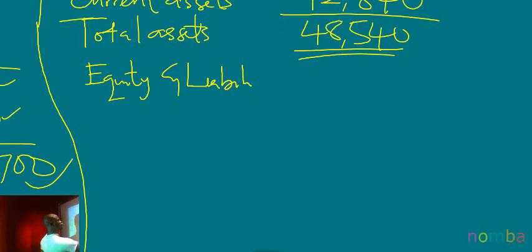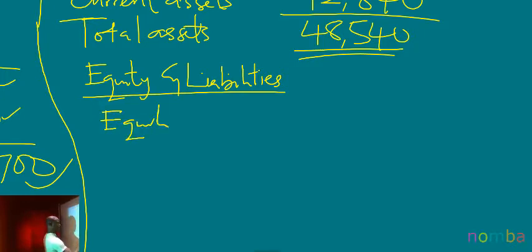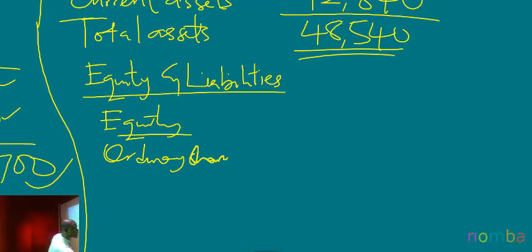So I'll have equity and liabilities. We have here equity. The first item in equity will be the ordinary share capital of the parent company.